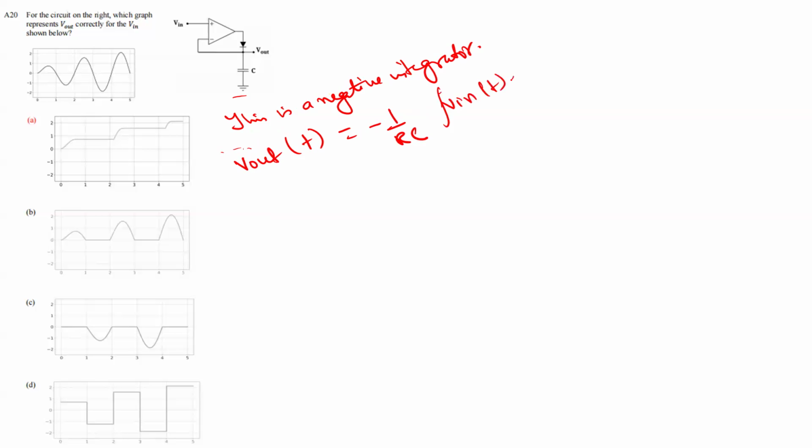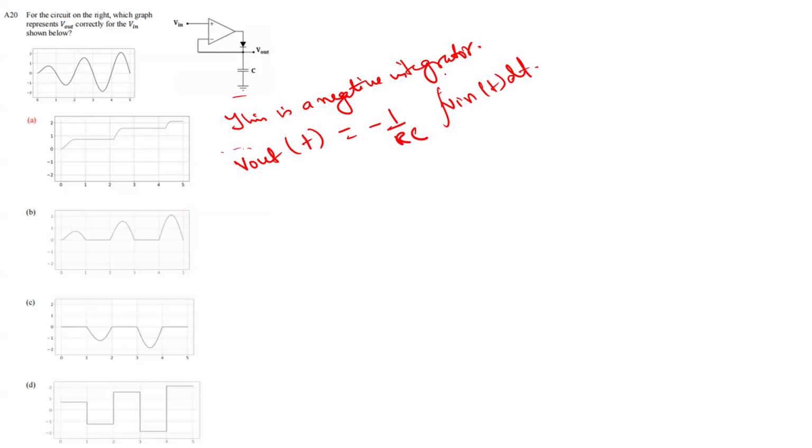So this is a negative integrator. We can write that V out as a function of t is equal to minus 1 by RC times the integral of V in of t dt.